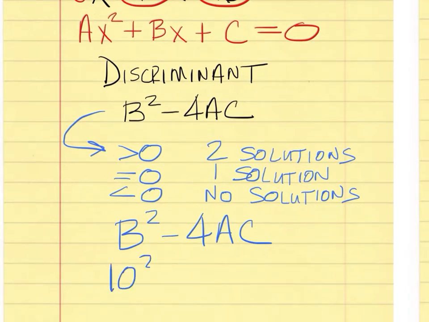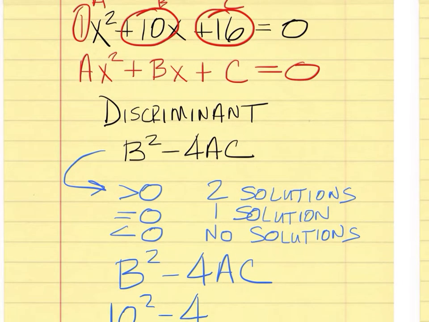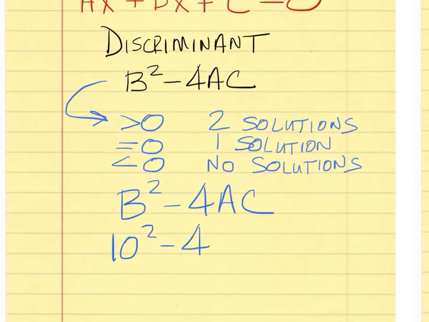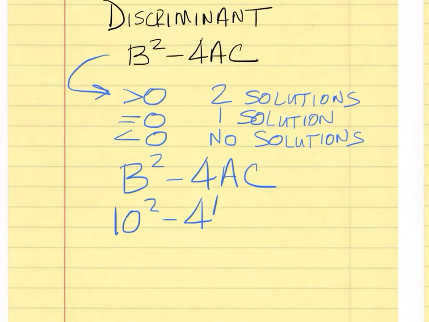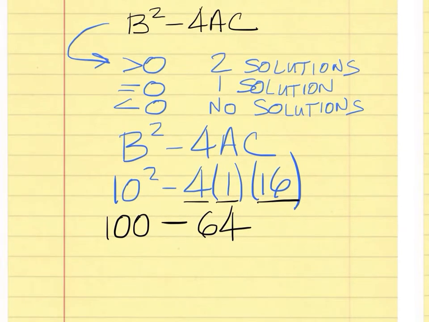So 10 squared minus 4 times, what is a? 1. And what is c? 16. So 4 times 1 times 16. 10 squared is 100. 4 times 1 times 16 is 64. 100 minus 64 is 36.